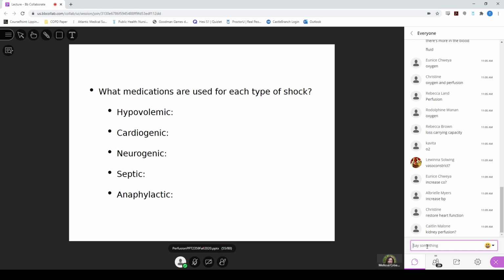So they're going to increase the contractility of the heart muscle, which is going to increase your blood pressure. It's going to increase cardiac output, and it's going to perfuse your kidneys.